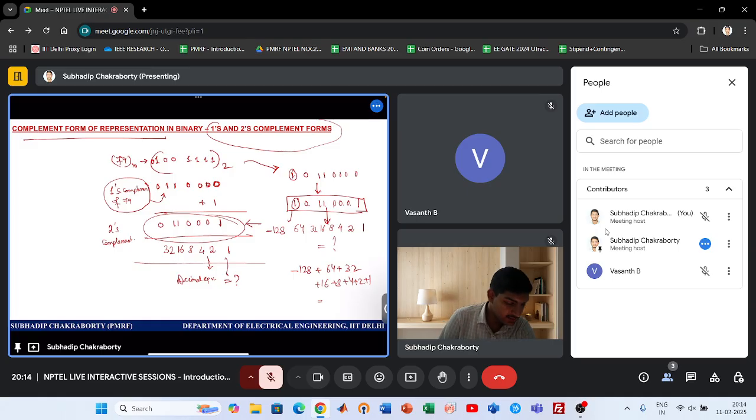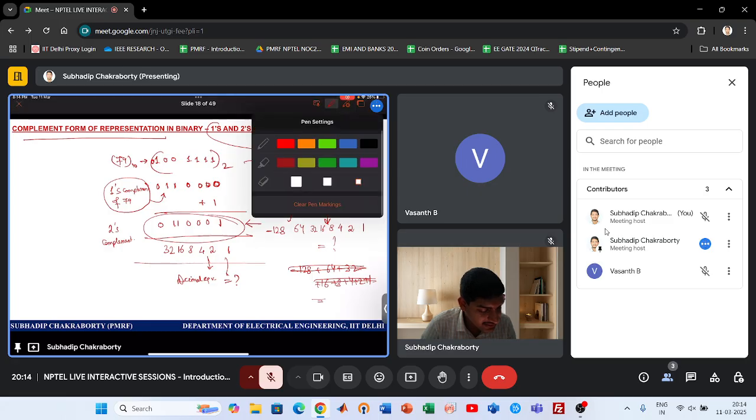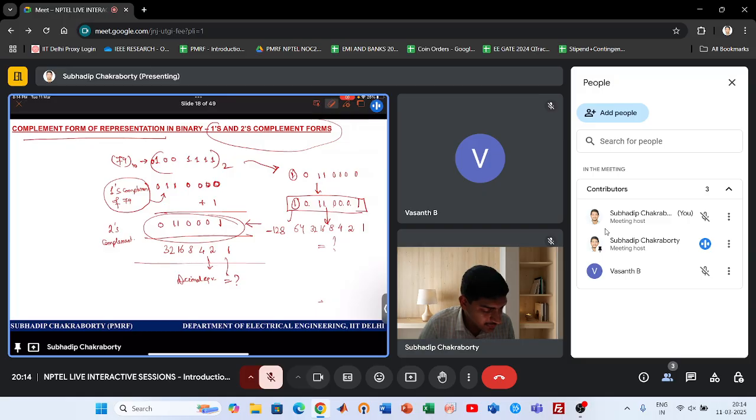Yeah, you did, right? So I am doing something wrong, I think. Only take the places which are 1, right? You are, I think, not corresponding to what I'm trying to actually tell you. Only take the 1 positions, right? But the highest bit, the signed bit, you take with minus. This is in 2's complement form, considering the sign bit, because in plus 79 the sign bit will be 0.